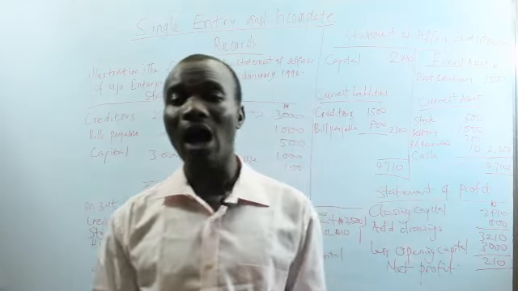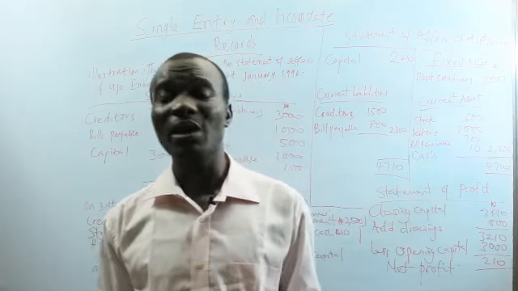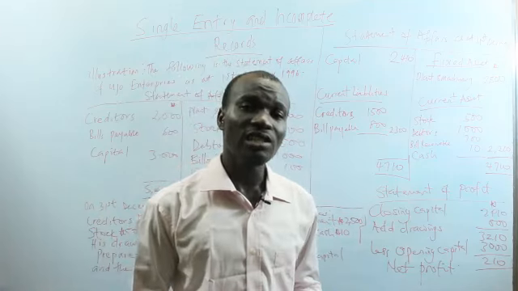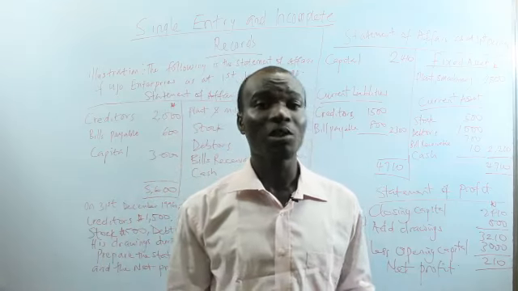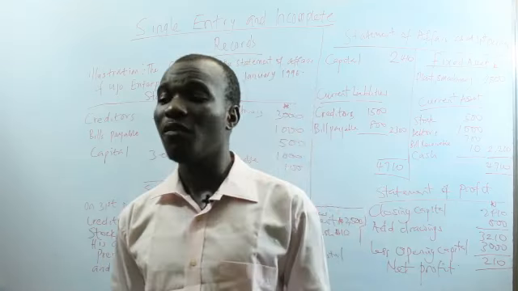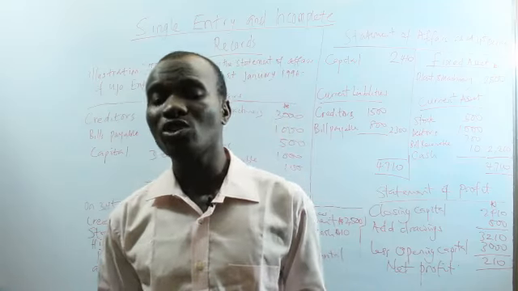We'll be looking at how we can build the trading profit and loss account in the single entry system, converting it to a fully double entry system. I'm going to give you the steps now. The first thing is to calculate the purchases from the total creditors control account.